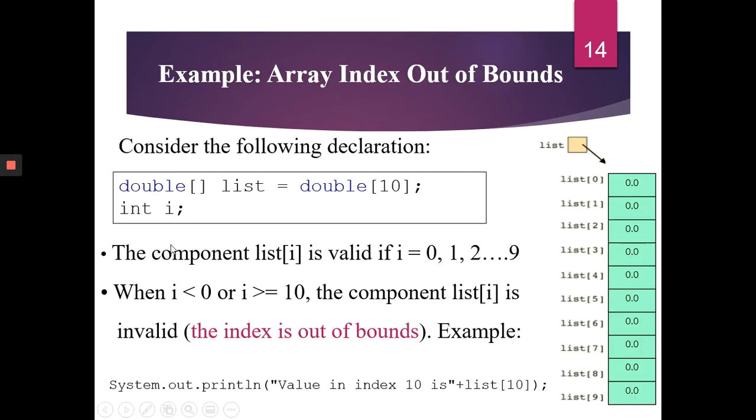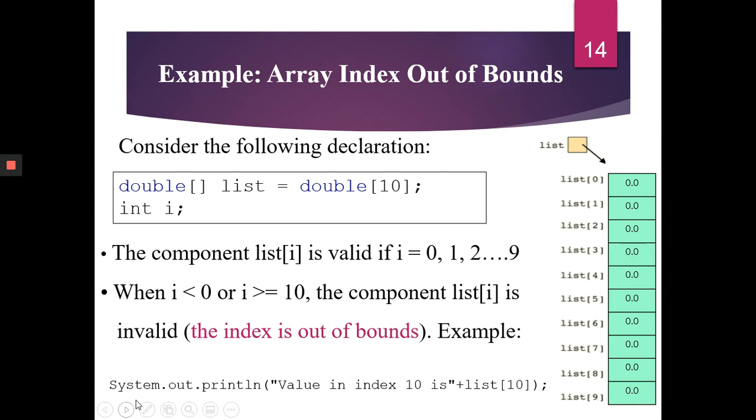So another example for you here, we have an array named list, the data type is double, and the size is 10. So the elements that you keep in the array will be valid if the index is from 0 until 9, because the size is 10, meaning the index starts from 0 until 9.